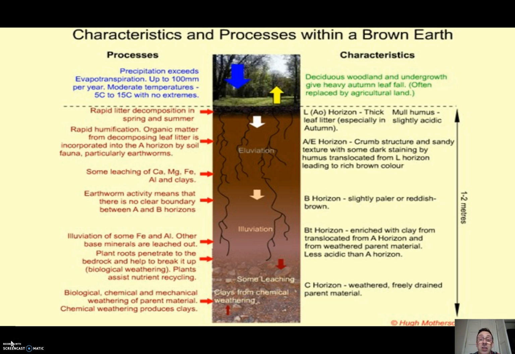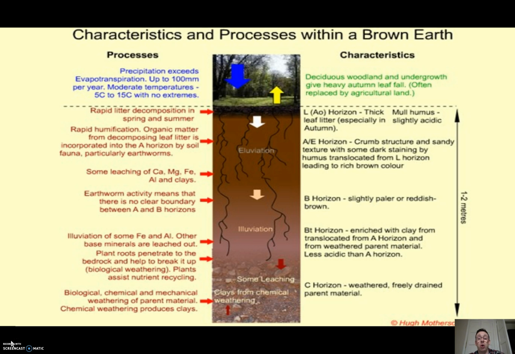But the big thing here, to come back to, is that soil biota, particularly earthworms, different insects, moles, all of these things live in the soil, they burrow, and in the process of doing that, they move the soil around and they get rid of those nice kind of transitional boundary markers.